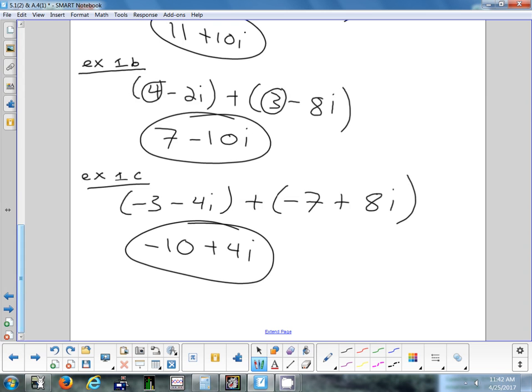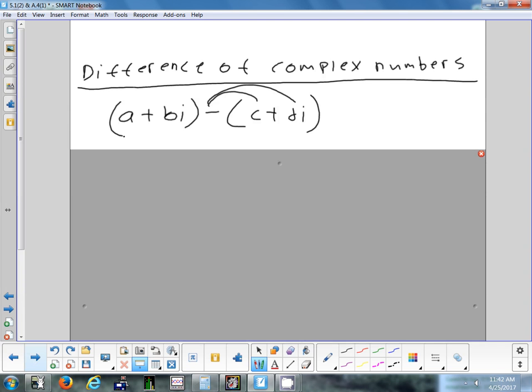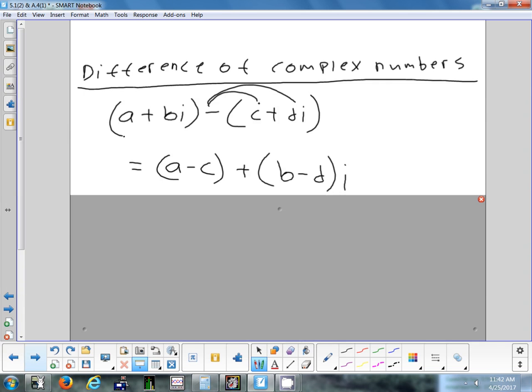Okay, so if you can do adding, subtracting is pretty straightforward. The only difference is you have a subtraction sign, you need to distribute it out. So when you do subtraction, it's going to be A minus C and B minus D. Anytime I have subtraction, that's how I think of it.